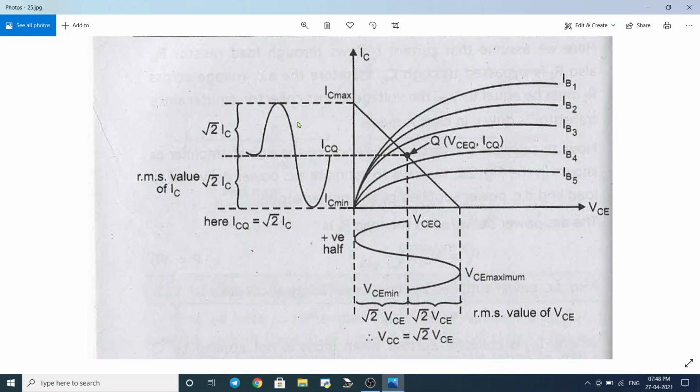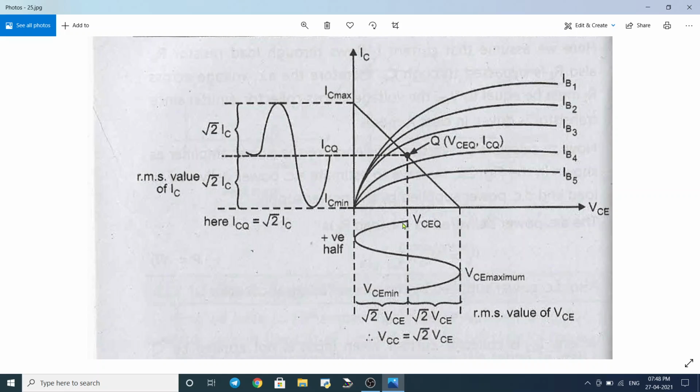So from the graphical analysis, we see that if this is the collector current, we have its RMS value equal to IC upon root 2, and if this is the collector to emitter voltage, this is its RMS value.